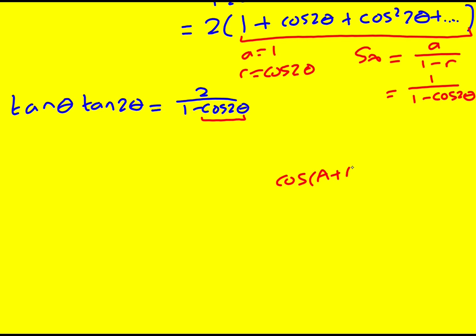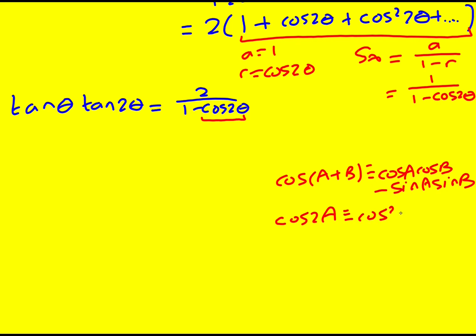Cos A plus B, I actually talked about this in the previous question too, but I'm just going to talk about it again. Cos A cos B minus sine A sine B, which means that cos 2A is identical to cos squared A minus sine squared A.